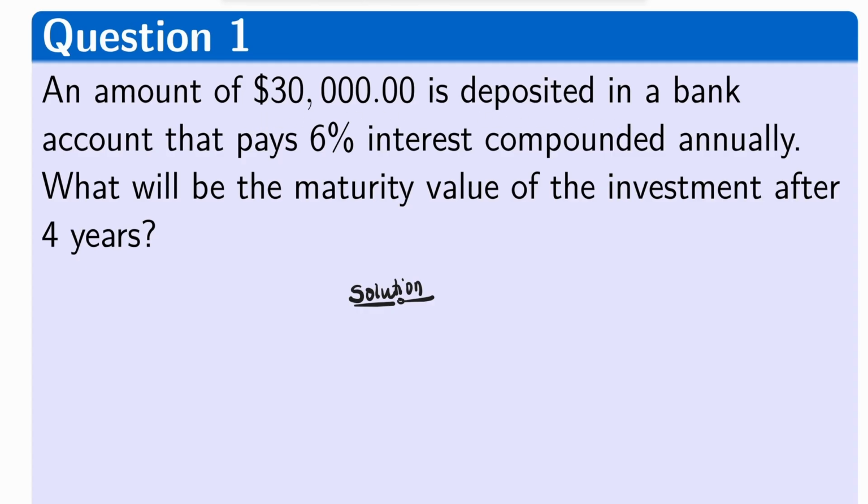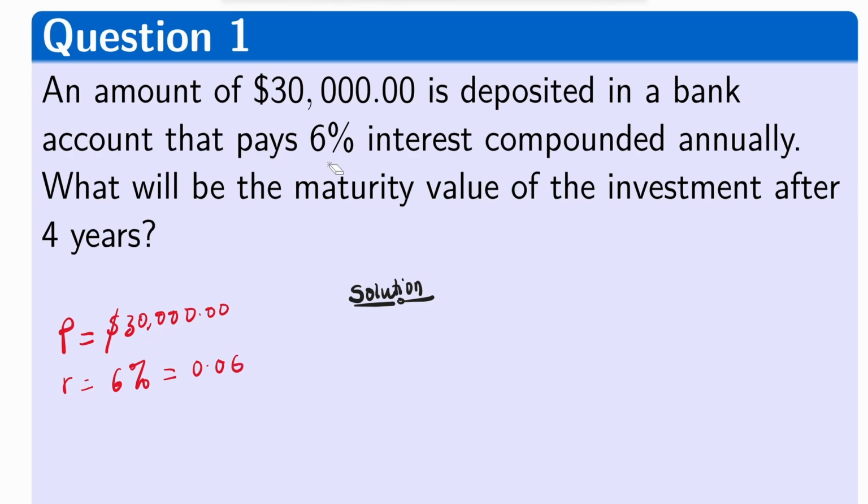So here the initial amount, that's the principal, is equal to 30,000 US dollars, right? And the interest rate, as we are being told, is 6%. So we have r equal to 6%, which is equal to 0.06.